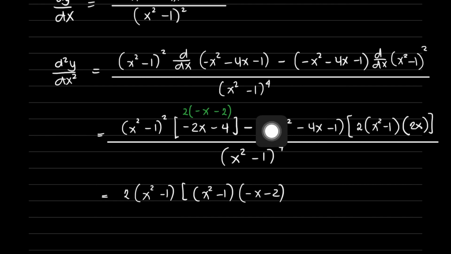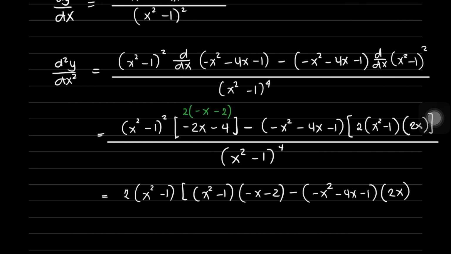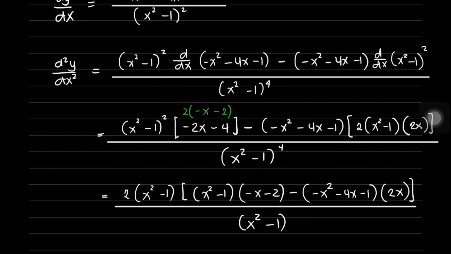And if we bring out 2 and x squared minus 1 in this term, the remainder would be negative x squared minus 4x minus 1 multiplied by 2x, all over x squared minus 1 raised to the 4th power.